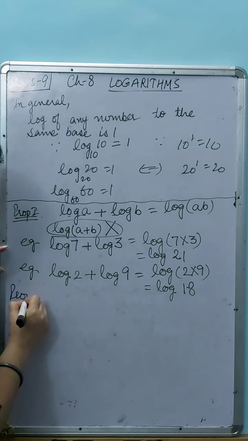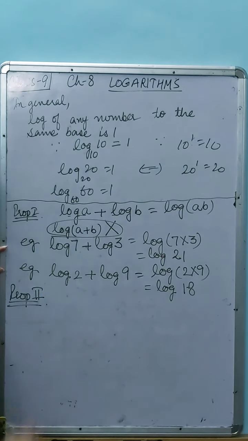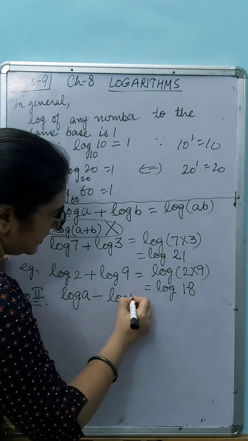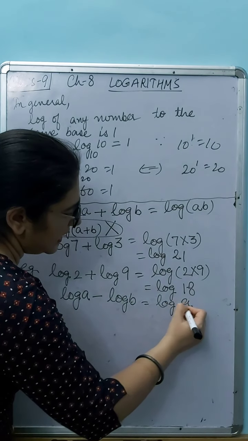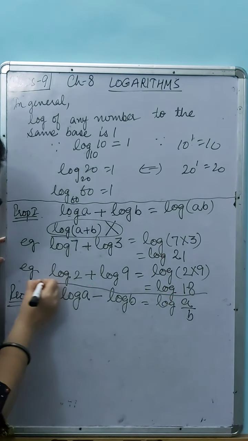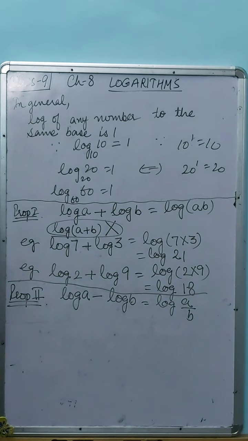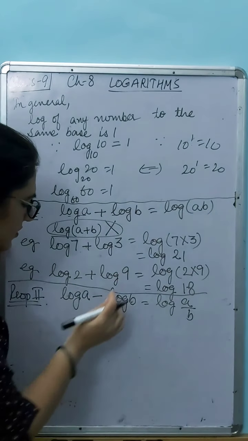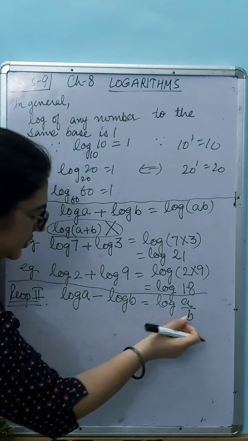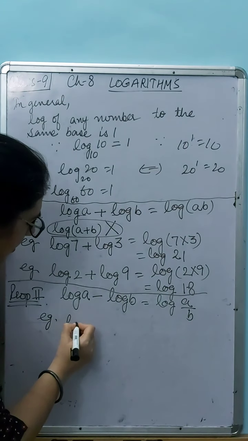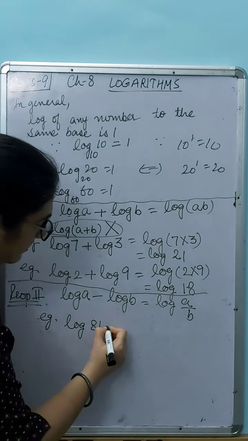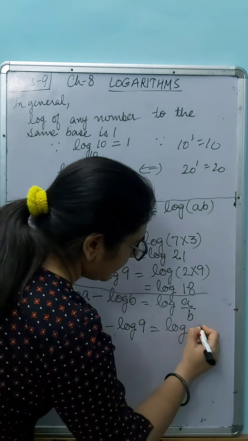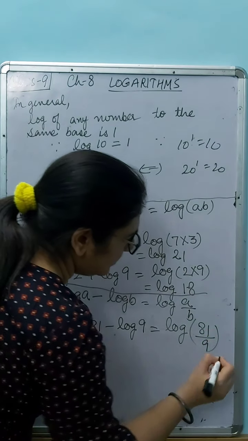Second property. Second property is log of A minus log of B is log of A over B. Log A minus log B is log of A by B. If both have a positive sign, it is a product; if there is a negative sign, it is division. So for example, log of 81 minus log of 9 is equal to log of 81 over 9 but in bracket.